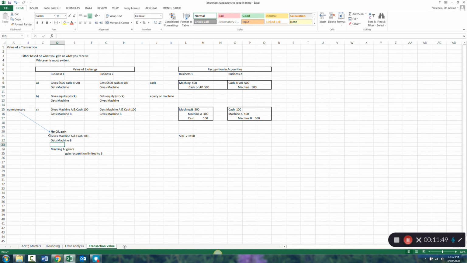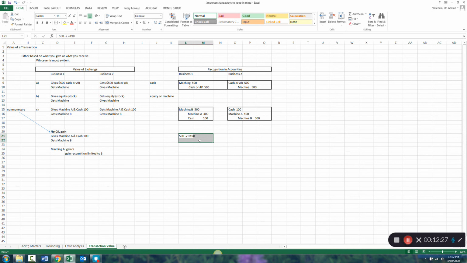And the purpose of this is not to get complicated with non-monetary exchanges, okay? Let's just get that straight. The purpose of this is, even though we have a value of an exchange that perhaps can be viewed as $500, as we did right here, if we have a scenario that is limited because of the accounting rules, like in an example, non-monetary exchanges, and I'm not allowed to recognize part of that gain as an example, then even though the value of the exchange is X amount, what I recognize in the books might not be X, might be Y amount.